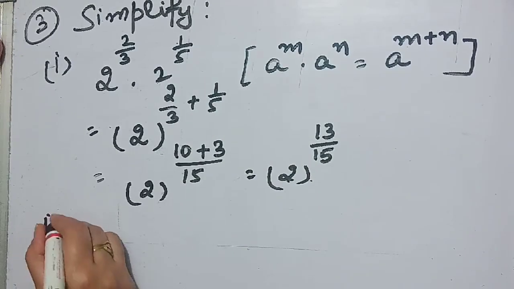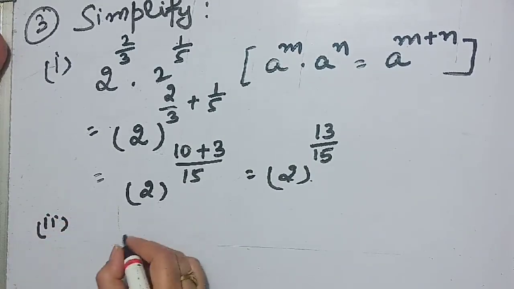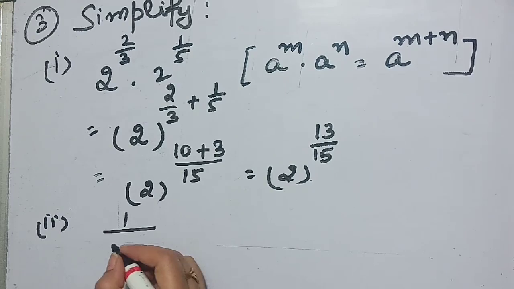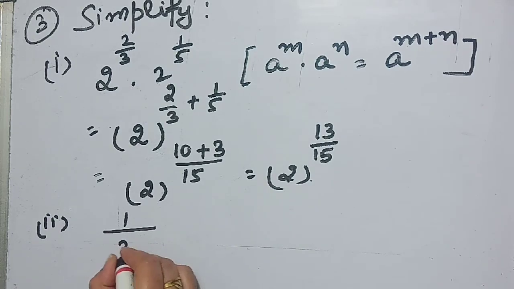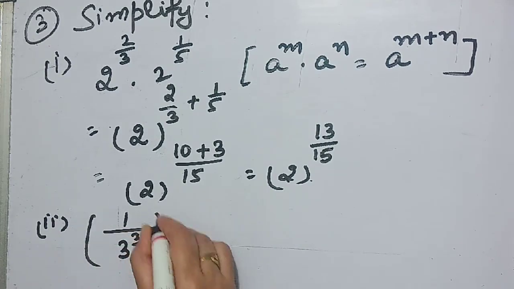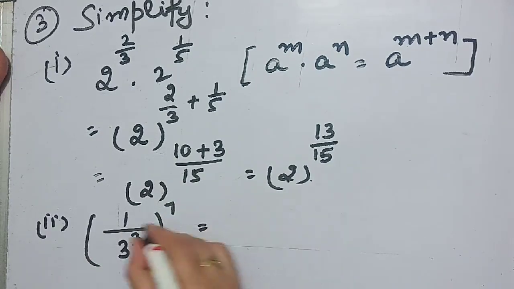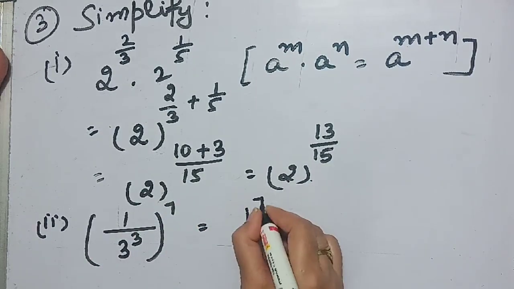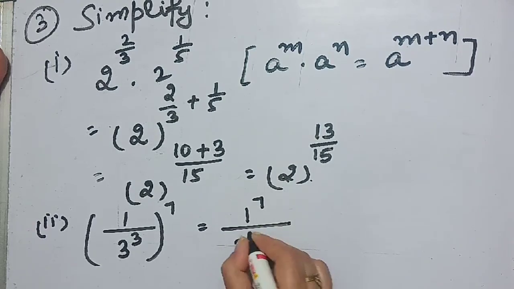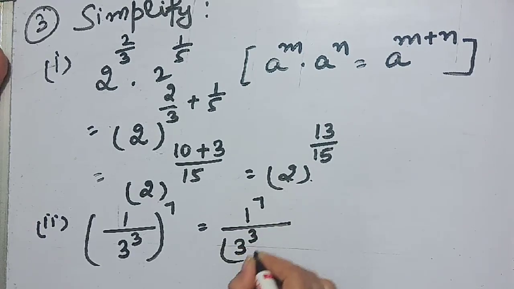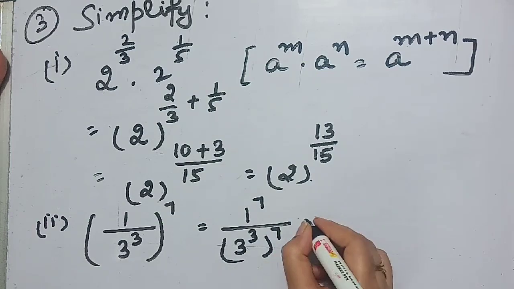Now the second part is 1/3 cube raising to power 7. Now you can write here 1 power 7, 3 power 3 into power 7.